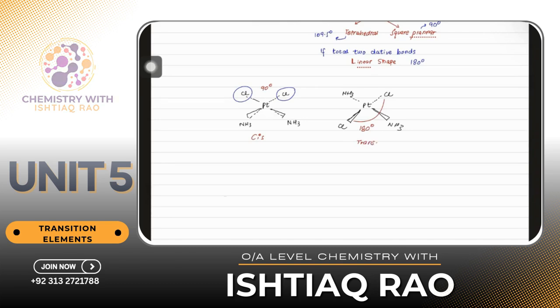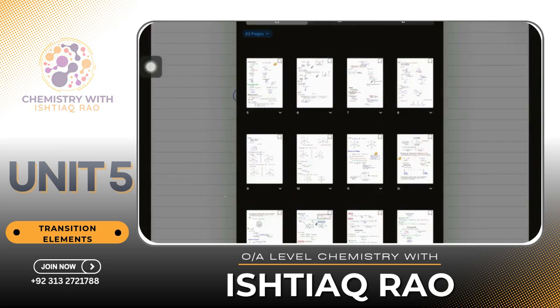The concept is the same, by the way. You're not supposed to learn any new concept about the cis and trans isomer. So this is a very good thing about that.